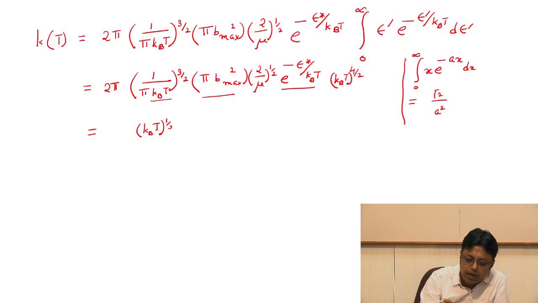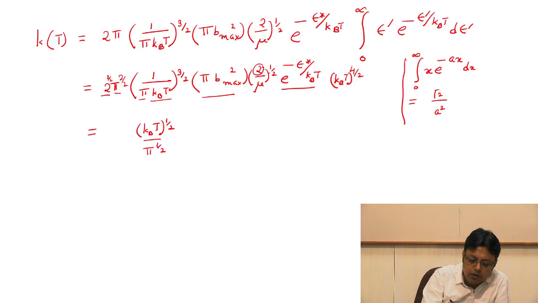And then think about the pi. Now I have a pi here, I have a pi here. So I'm not touching the pi b max squared, so that will just keep intact. So pi is basically pi to the power 2 by 2, and this is pi to the power 3 by 2. So I'll have in the denominator pi to the power half. Then I have 2 here, I have 2 here. So 2 means actually 2 to the power 2 by 2, and it is 2 to the power 1 by 2.